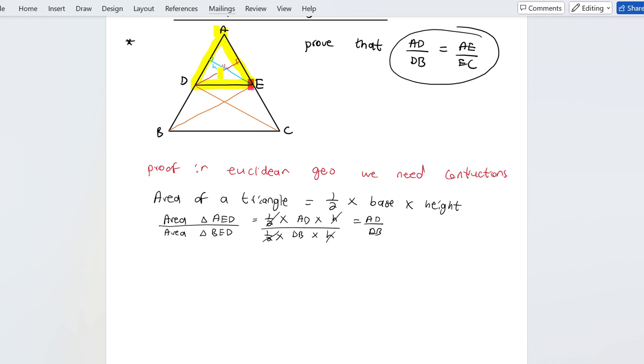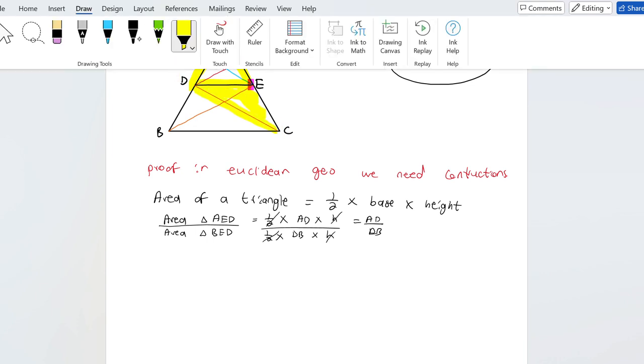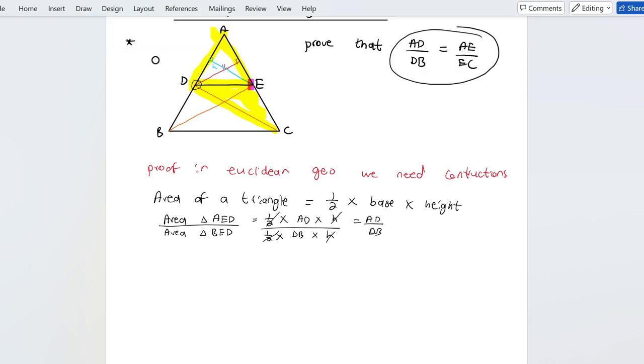So this triangle ADE has the height of K. And similarly, this triangle here, which is CED, also has the height of K. Why so? It's because this triangle and this triangle here share the same vertex at point D, and therefore they should have the same height.